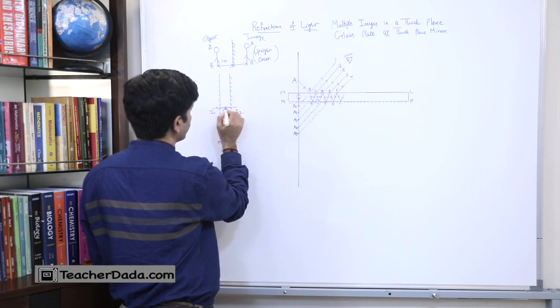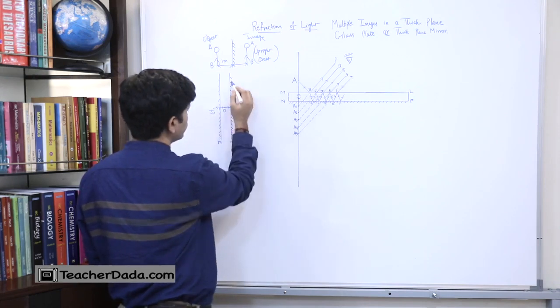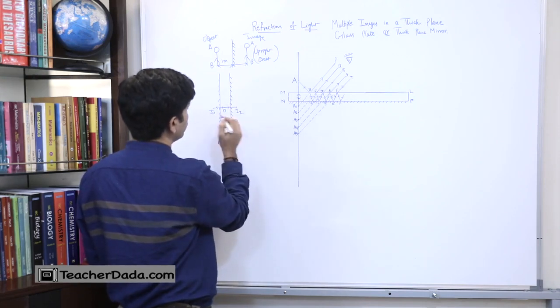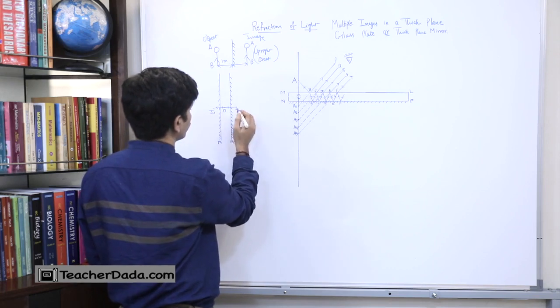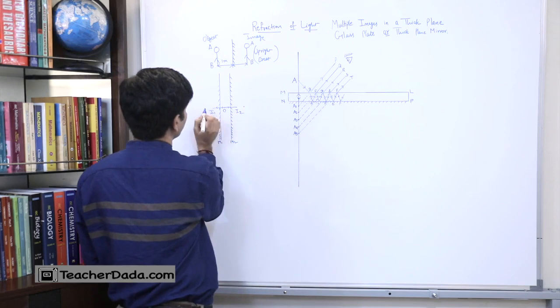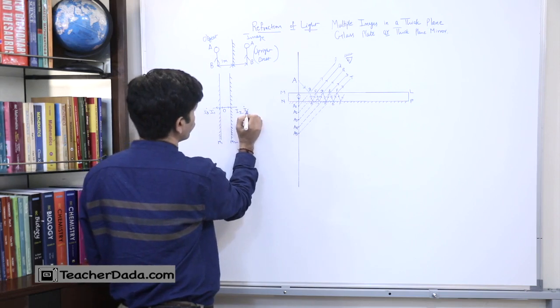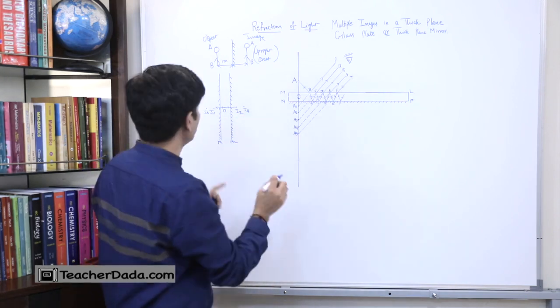So like this you will have it. Now, if they are acting as objects, suppose I1 acts as an object for M2, then another image will be formed over here, again at the same distance. Let us name these I3 and I4. Then again the same thing will happen.